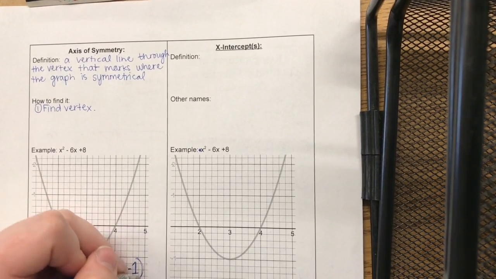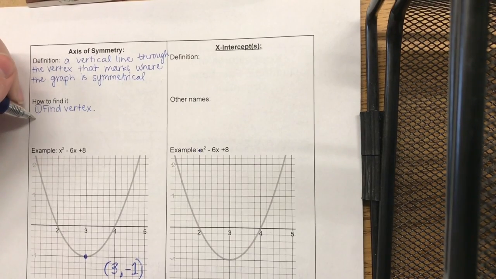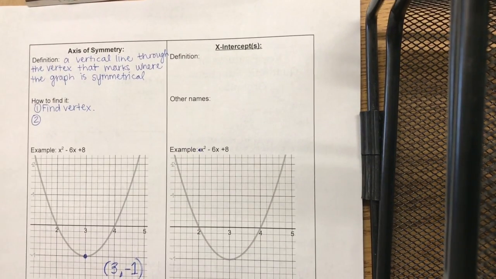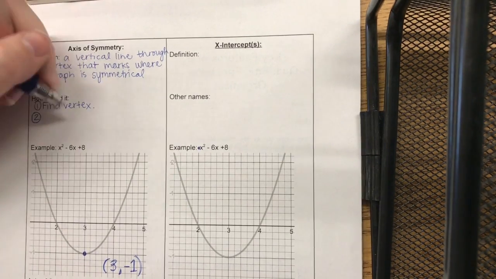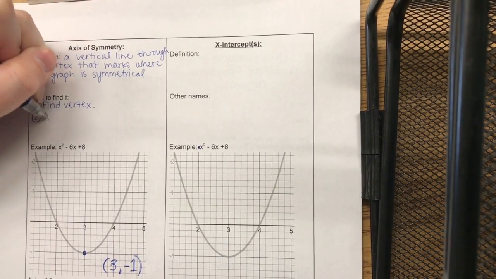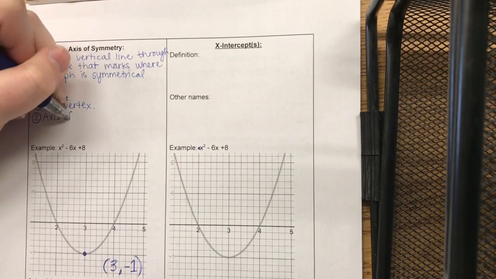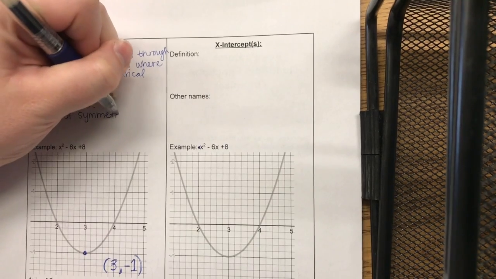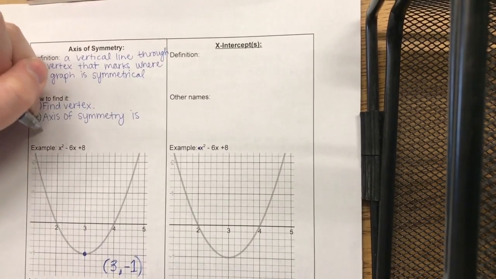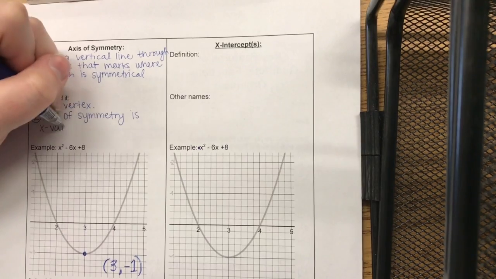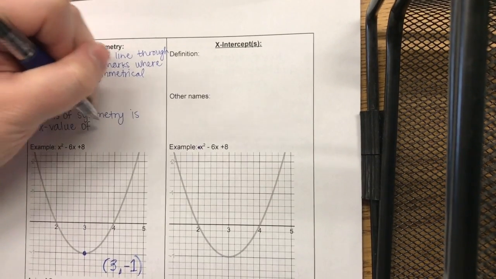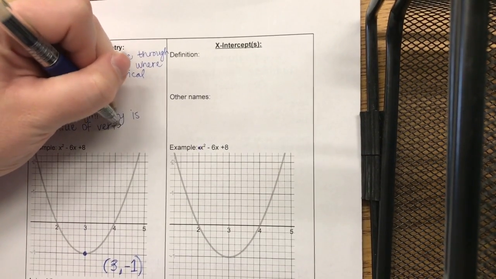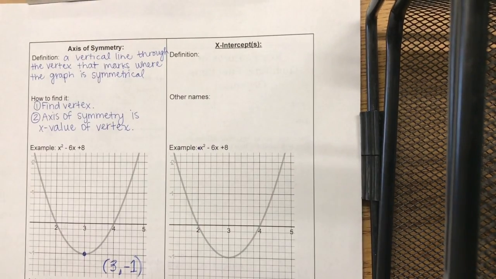So I find my vertex. Then your axis of symmetry is the x value of the vertex. Axis of symmetry is x value of vertex.